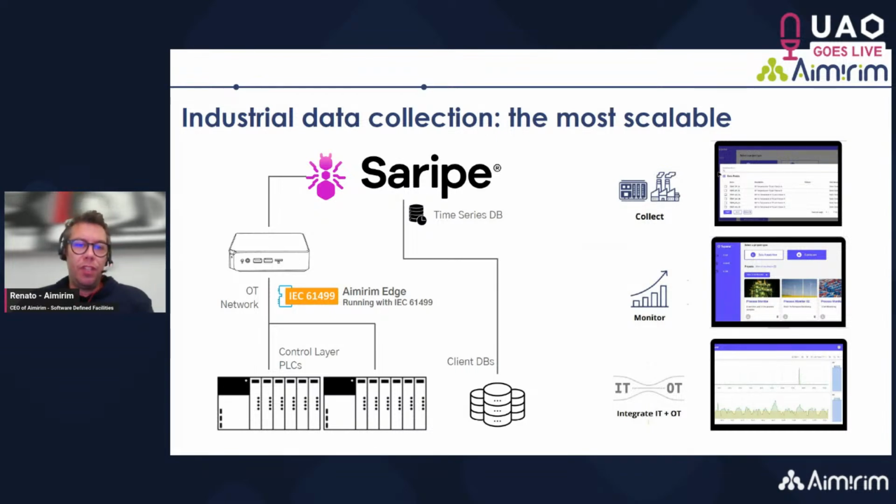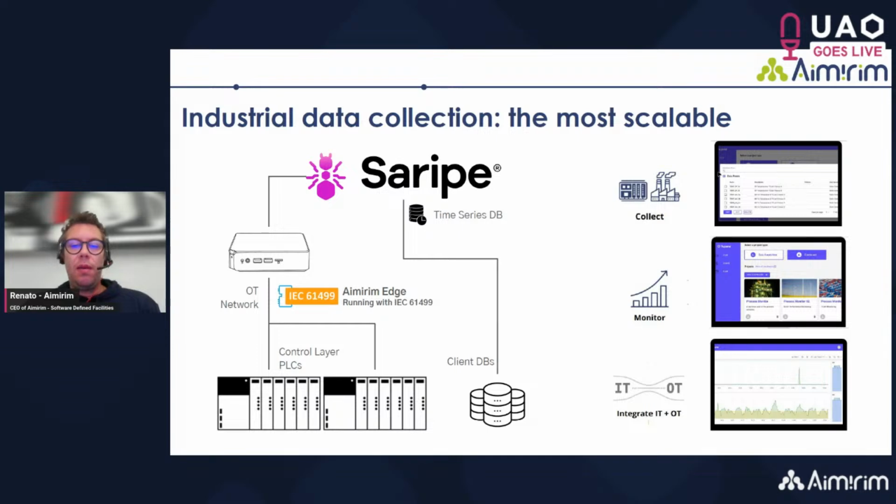So here's the first product, the Saripe, which is a data collector. Basically, we have the function blocks on 61499 accessing the control layer, the PLCs, and then we collect this data and generate a time series database. And you create a database for the client using their sensors, their events, whatever they have on their industry.